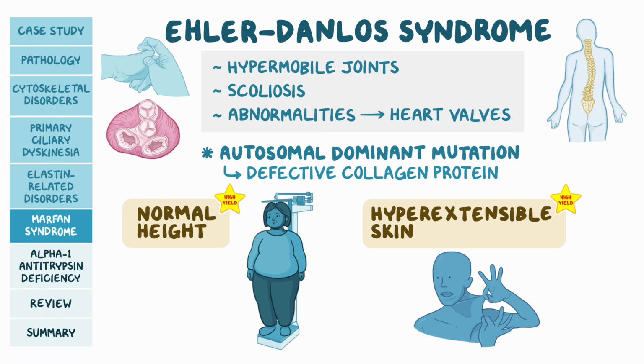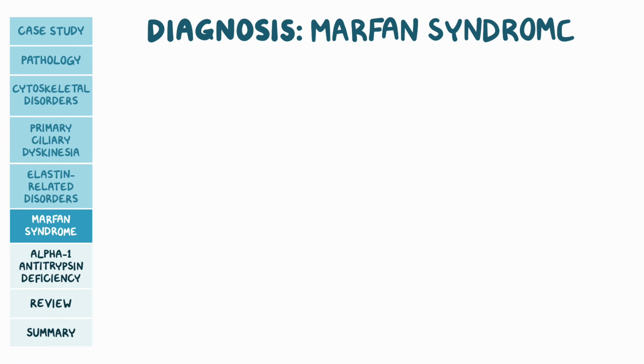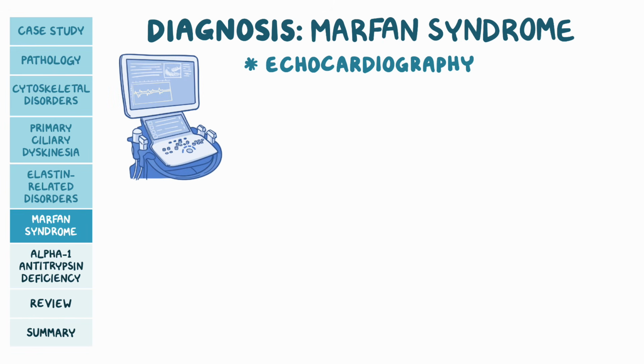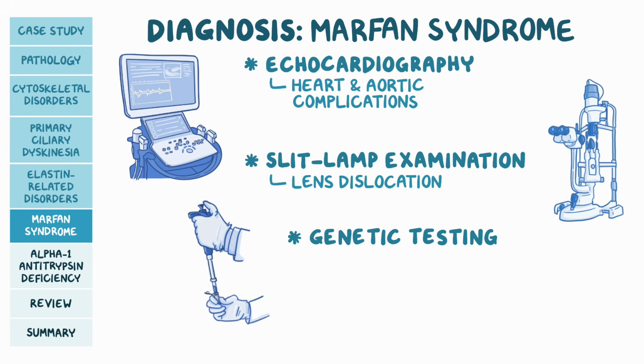So, be sure to keep an eye out for these clues. All right, to diagnose Marfan syndrome, echocardiography can be done to detect heart and aortic complications, while a slit lamp examination can be performed to look for lens dislocation. Finally, diagnosis can be confirmed via genetic testing looking for FBN1 mutations.